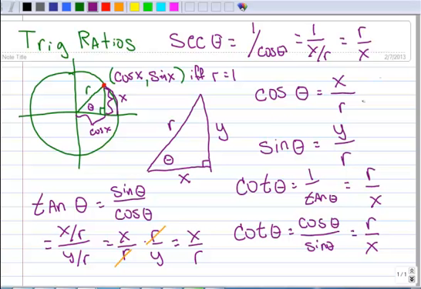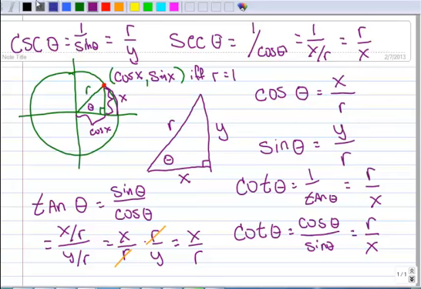Where are we going to squeeze the cosecant in? And the cosecant of theta is 1 over the sine, just like we did for the secant. You end up with r over y. These are what is called the trig ratios.